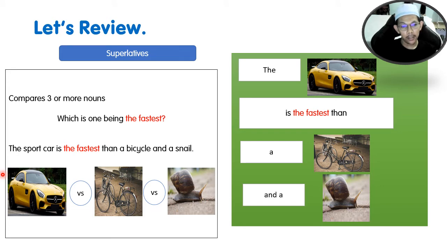Sekarang dia jadi paling laju because we compare between three or more nouns. You can see the example sentence here: the yellow sports car is the fastest compared to a bicycle and a snail. Got it? I hope you will get the lesson for today.